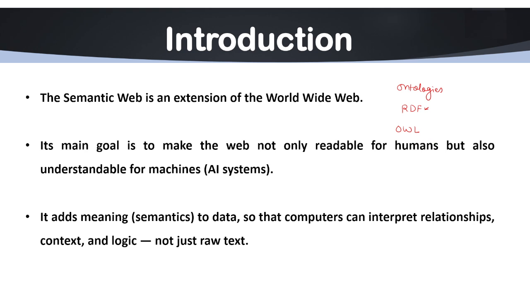It uses ontologies, RDFs, OWLs, and these things are used to give meaning, or give semantics, to data, right? This allows AI systems to connect all the shared facts, their reasons, and provide accurate answers. So this is the definition of semantic web. You just have to remember it is the extension of World Wide Web.